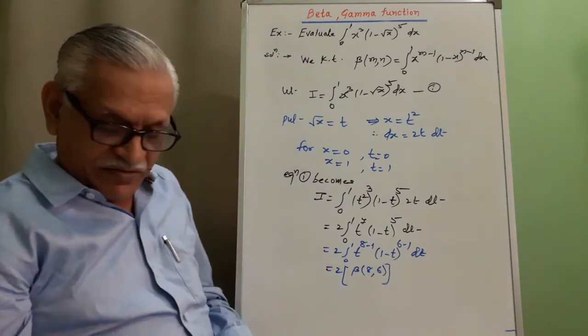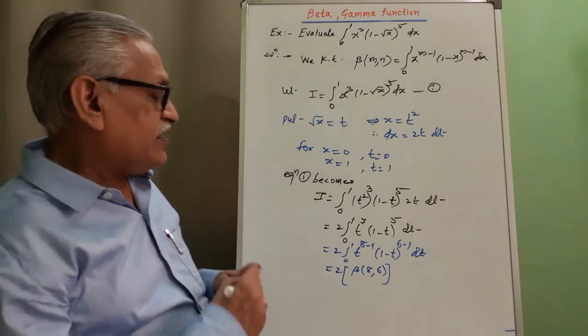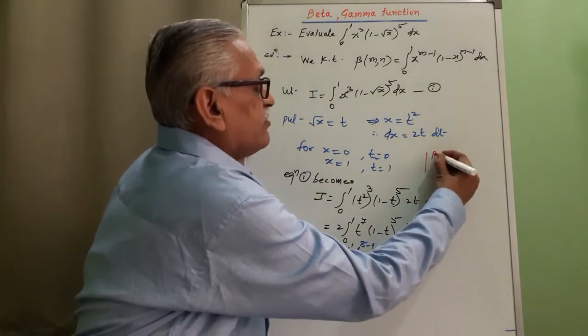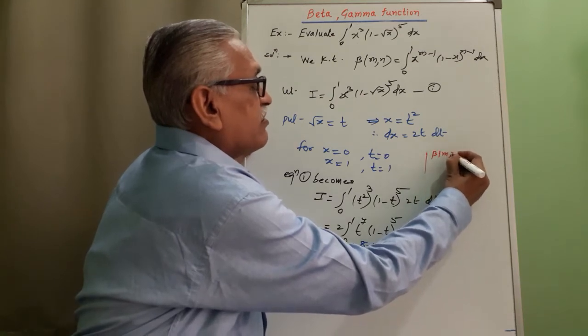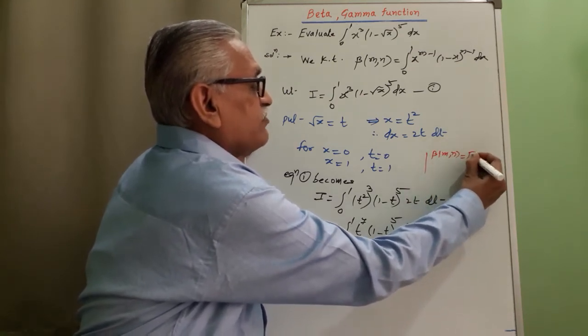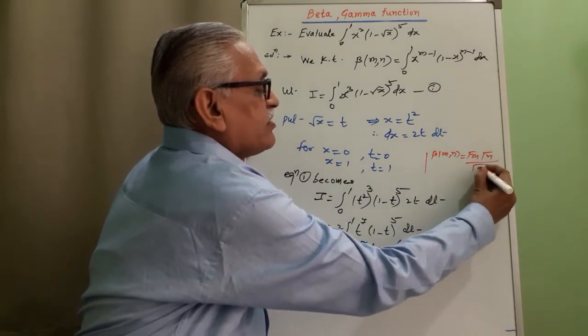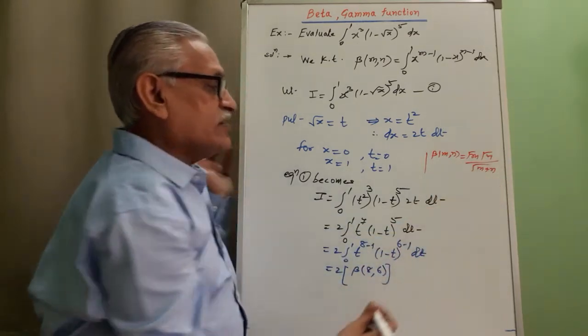Applying that relation, we know that beta of m, n is equal to gamma m times gamma n divided by gamma of m plus n.